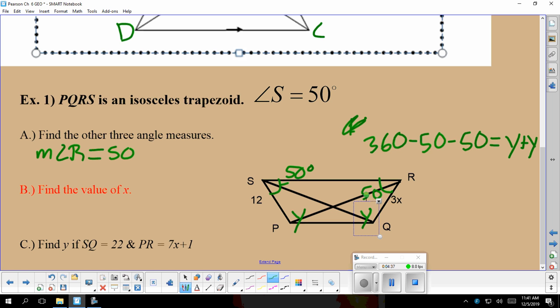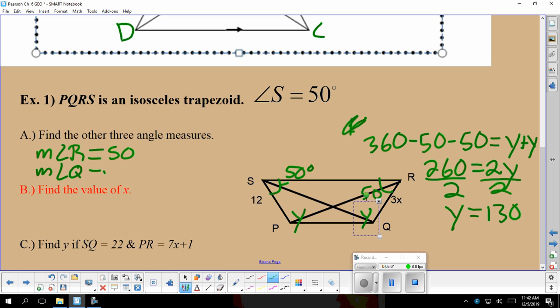So I have 260 equals 2Y. Divide both sides by 2. Y equals 130. So measure of angle Q equals 130. Measure of angle P also equals 130.